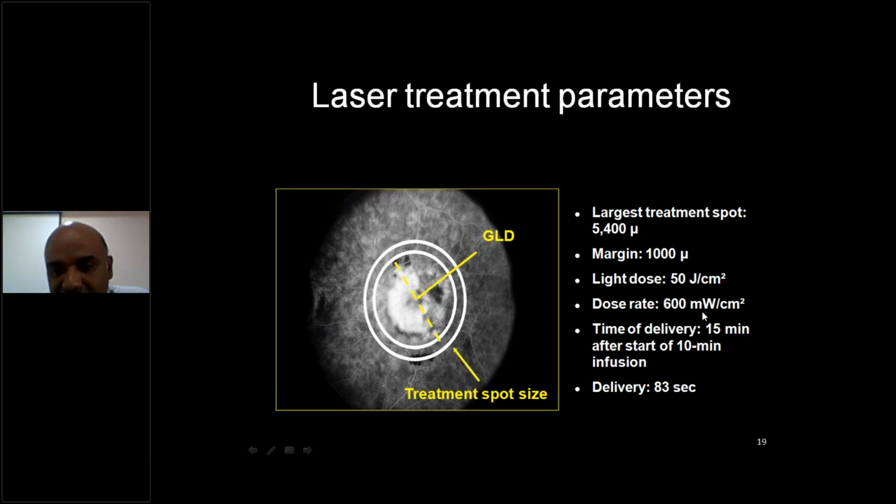So around 600 milliwatts per centimeter square, a light dose of 50 joules per centimeter square, and the greatest treatment spot. You mark the extent of the CNVM and take around another 10 microns around that zone, and this complete zone is treated with laser. So this is how you treat by PDT.